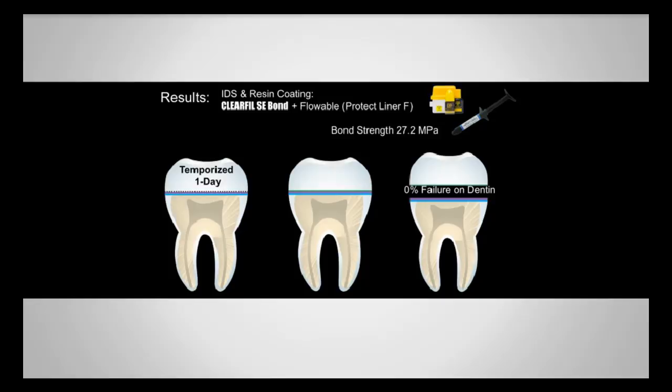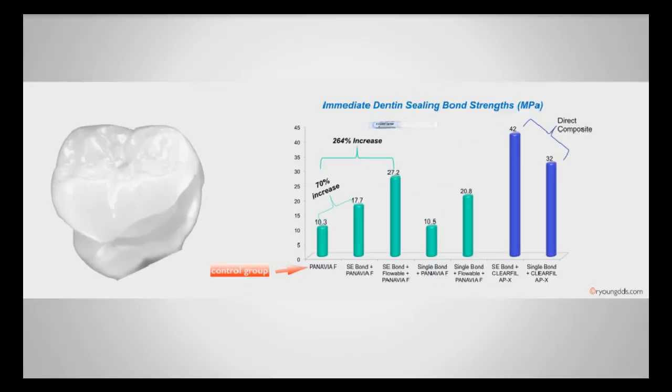So this is the control group of Panavia, just bonding a restoration on without any pre-dentin sealing. There was a 70% increase when you did just SE Bond, put on the temp, and soaked it. But when you put SE Bond with the flowable, soaked it in the temporary overnight for 24 hours, and then bonded the restoration on with Panavia, our bond strength went up to 27.2.